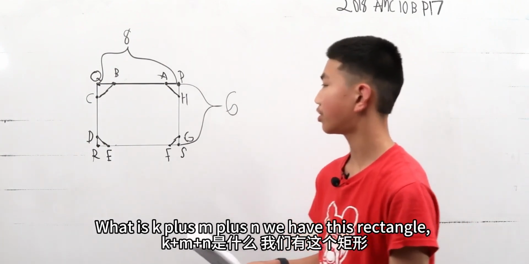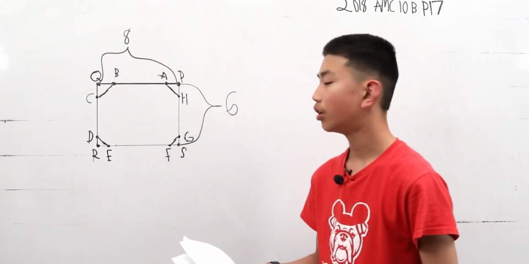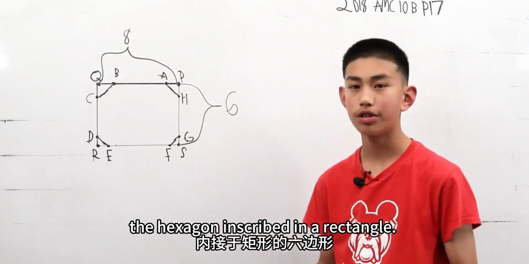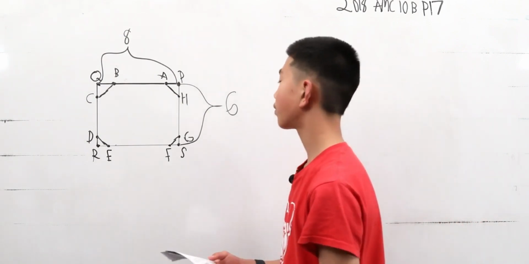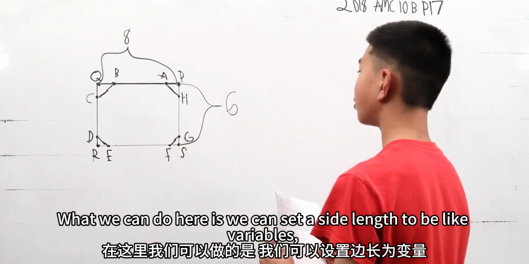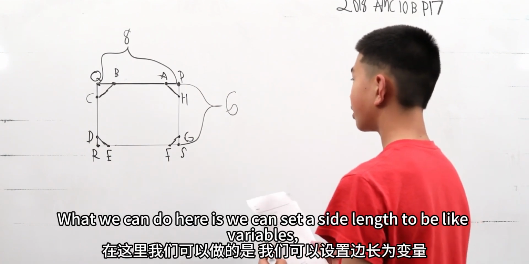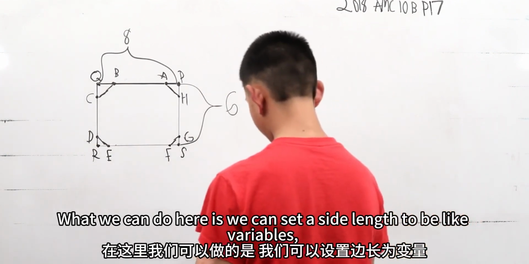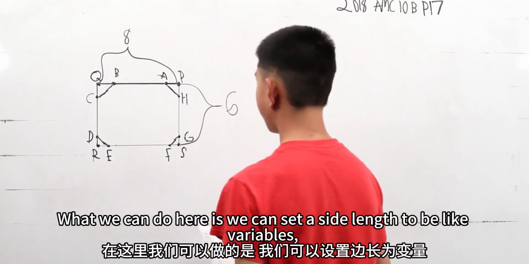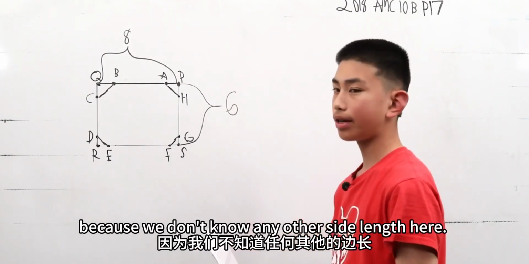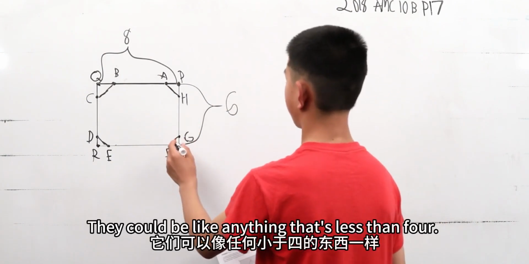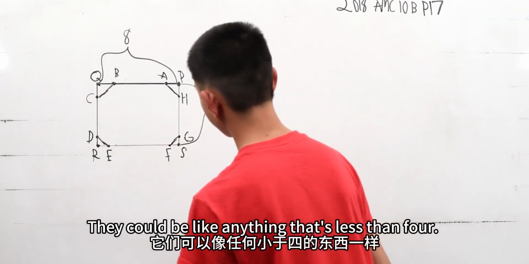So we have this octagon inscribed in a rectangle, and what we can do here is set a side length to be a variable, because we don't know any other side length here. They could be anything that's less than 4.